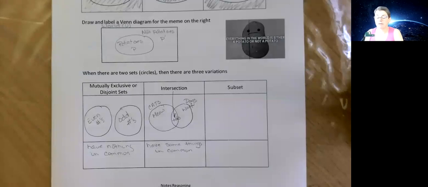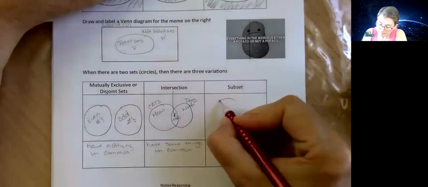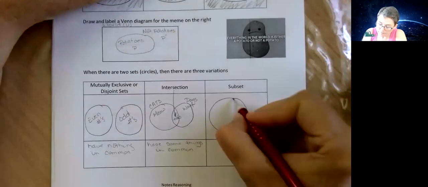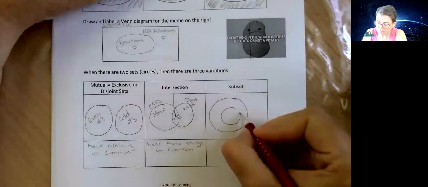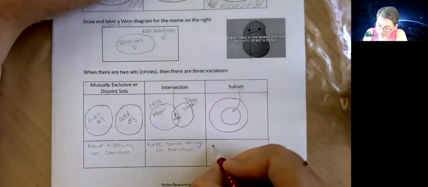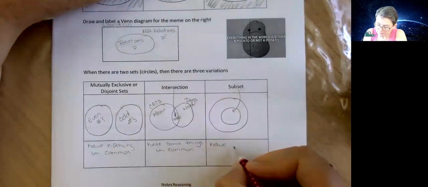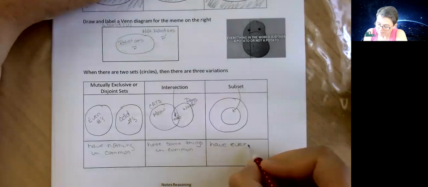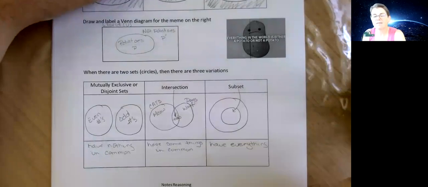So what's left? What's the only other way that we can have two circles? Now one circle, and the other one inside the circle. So this part is called a subset. Now, I was going to write have everything in common.